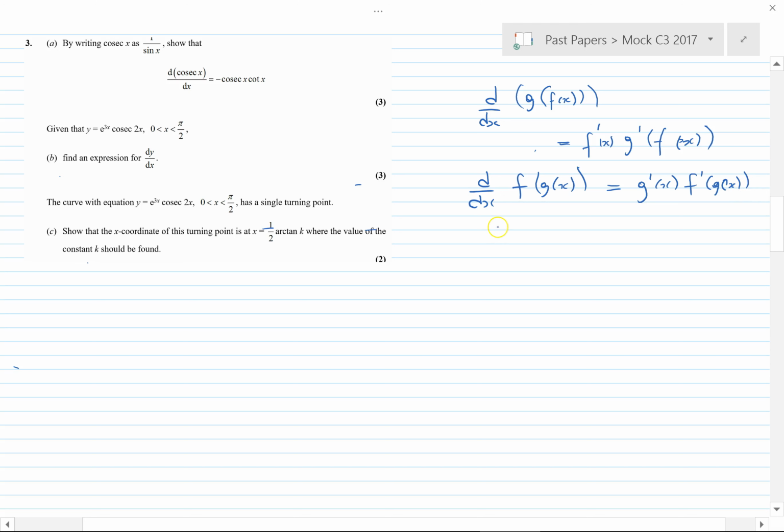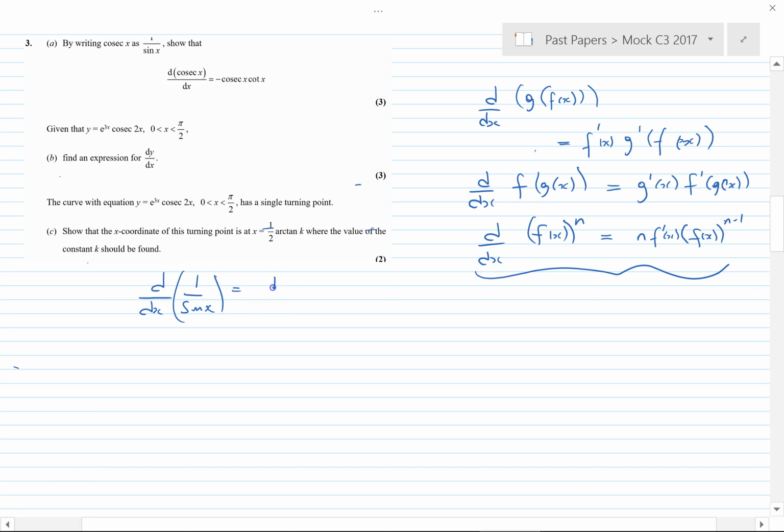Now, if it's inside a power function, for example, d by dx of some fx to the power of n, the normal rule for differentiating a power is to times by the power and then take 1 off the power. But to adjust for that, it's f stroke x in front. So that's the chain rule, the particular case of the chain rule, where we have the function of something else, which is what we've got here effectively, because if I'm finding d by dx of 1 over sine x, that's the same as d of sine to the minus 1 of x.